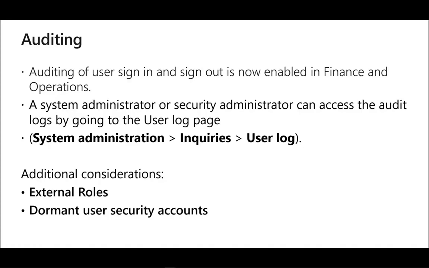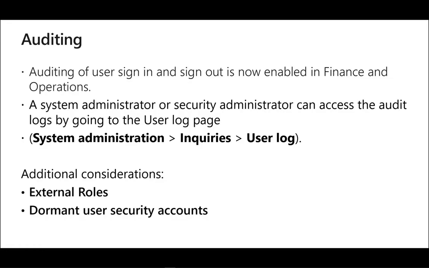Inquiries, User Log. An additional consideration in security will be external roles. The external roles form allows an administrator to assign a security role to an external role such as a customer, vendor, prospect, and worker.